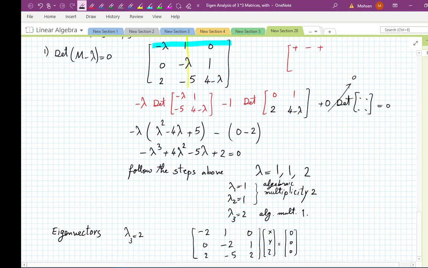Minus 2, 1, 0, 0, minus 2, 1, 2, minus 5, 2. Double check, make sure I don't have any incorrect entries.